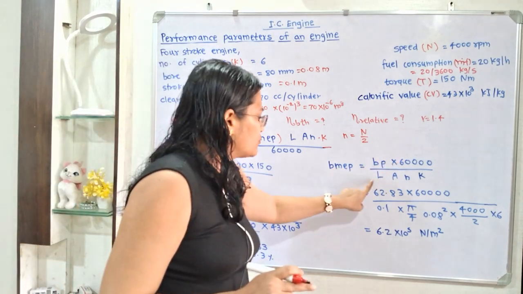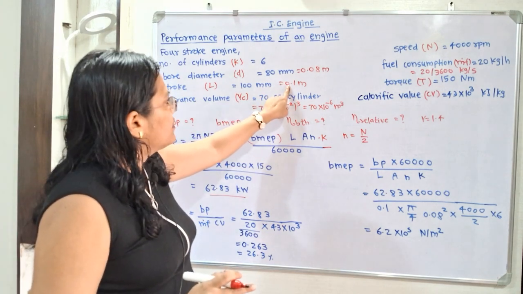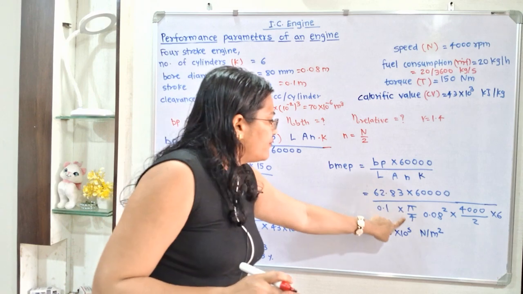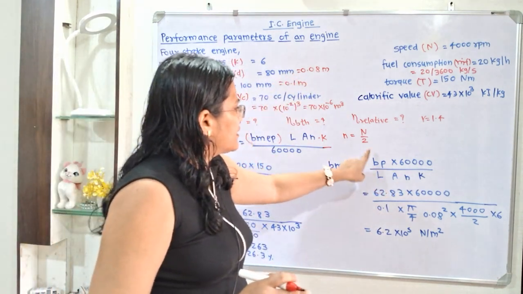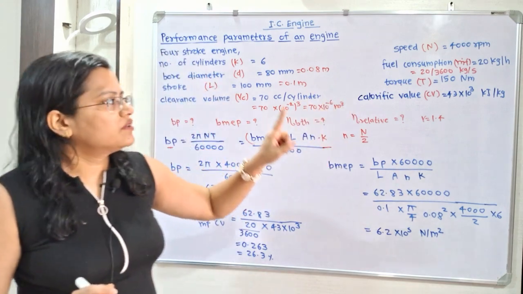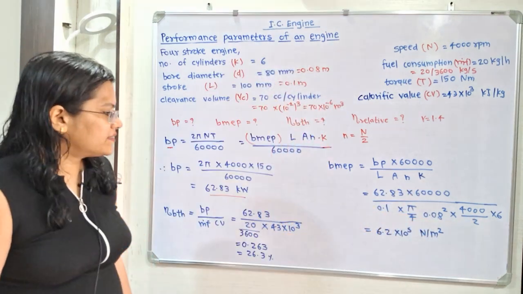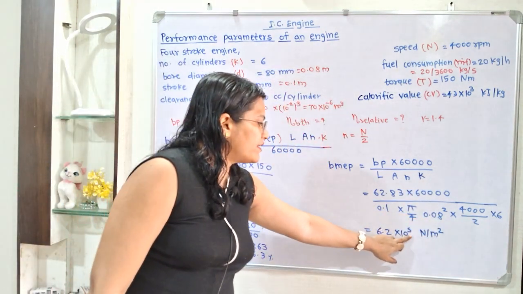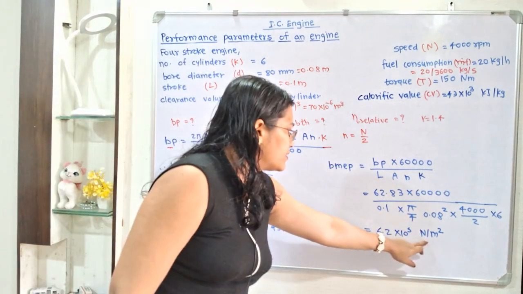Now brake mean effective pressure is equal to, we will put the value: 62.83 into 60,000 divided by the value of L 0.1, then A, pi by 4 into d square, 0.08 square, N, that is capital N by 2, that is 4000 by 2, K is 6. So its answer is 6.2 into 10 raised to 5, and the standard unit we have to take is Newton per meter square.